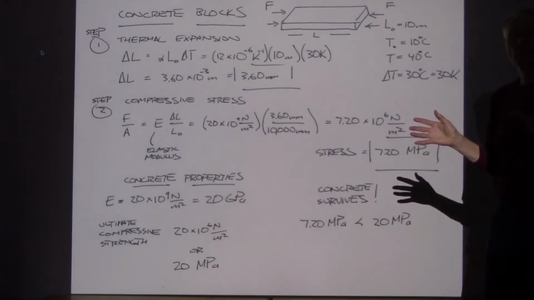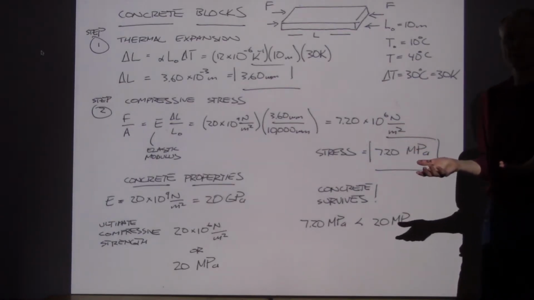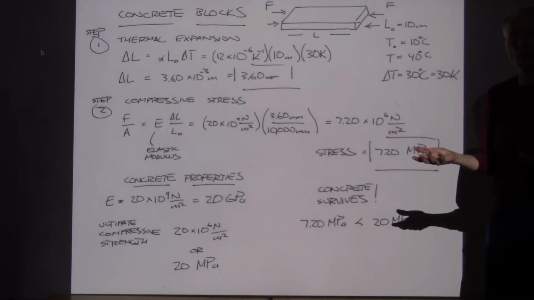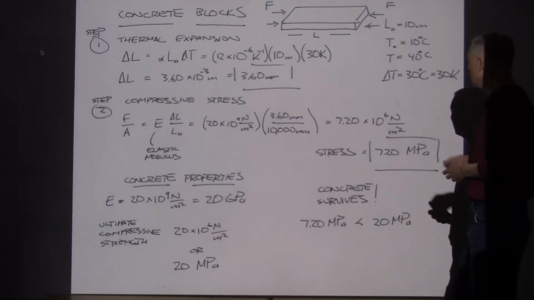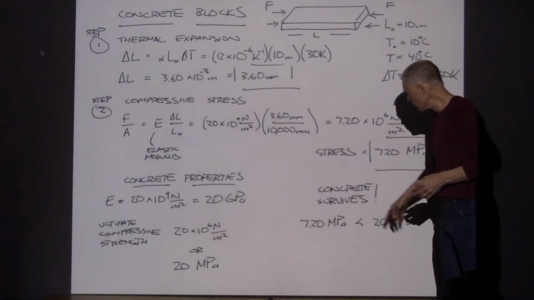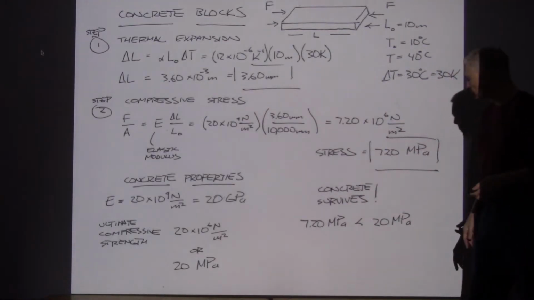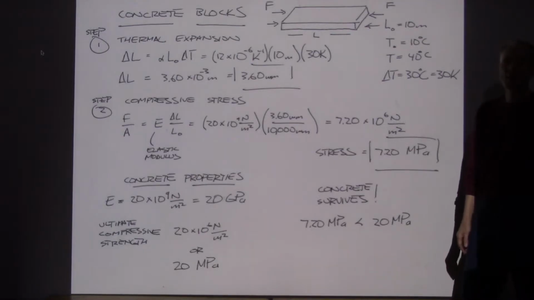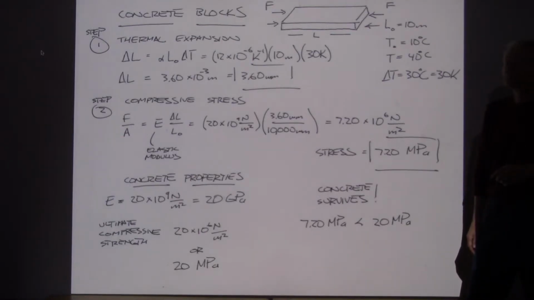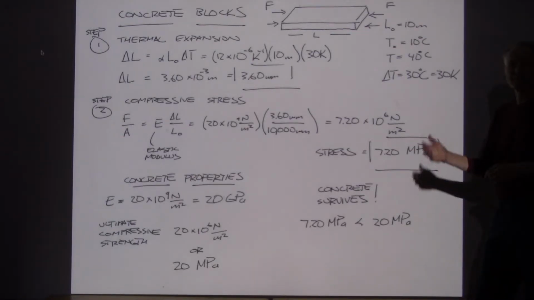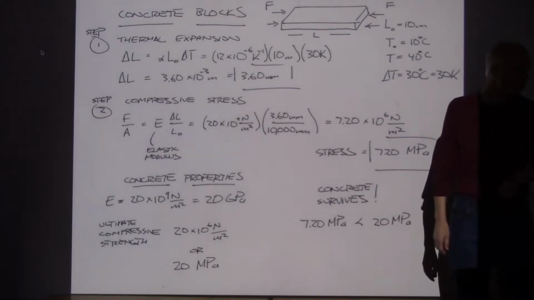Maybe it wasn't the best design that we came up with because we didn't allow for thermal expansion. But under these conditions, up to 40 Celsius, the concrete survives. It will begin to fracture at 20 megapascals, and the stress that we created at this higher temperature was only 7.2.